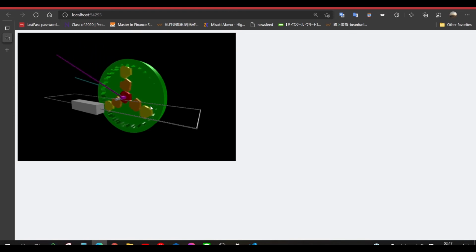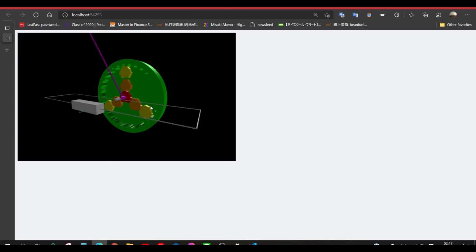Now, we talk about the direction of the gears. The red gear, the yellow gears, and the green gear rotate in the same direction, while the orange gears rotate in the reverse direction.